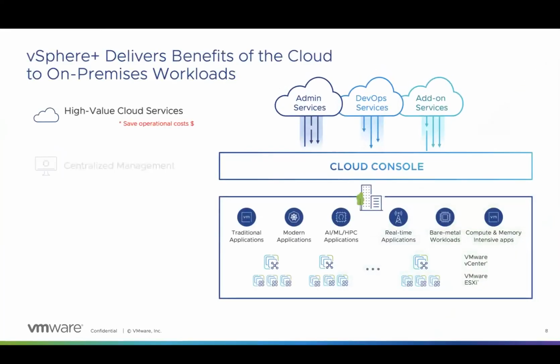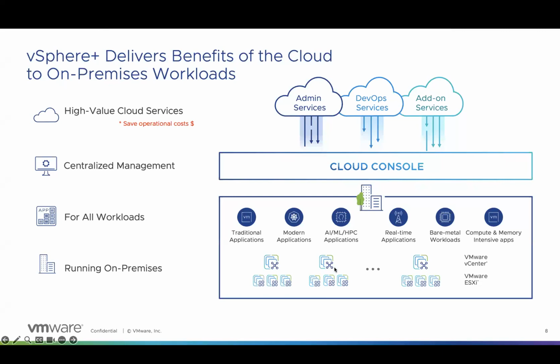Moving forward, first I'd like to draw your attention to this side of the slide, right? As you can see, the bottom box represents a typical VMware customer environment. You have your VMware ESXi servers at the bottom, which are managed by a bunch of VMware vCenters.